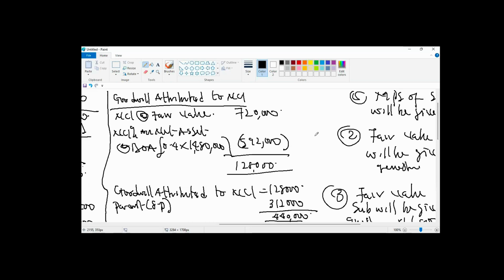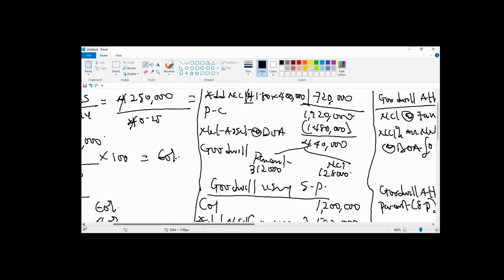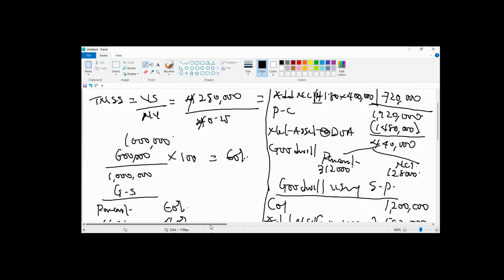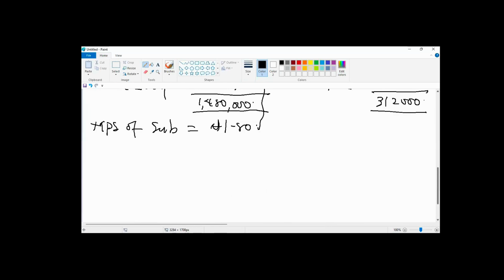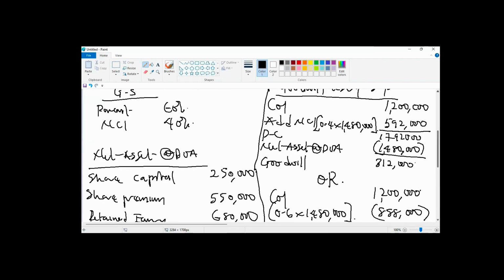Cost of investment, 1.2. When I add NCI, it is now known as purchase consideration. When I add NCI, cost of investment plus NCI is known as purchase consideration.